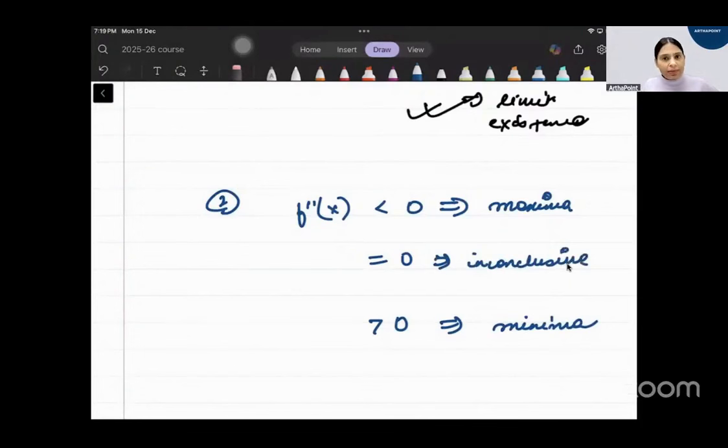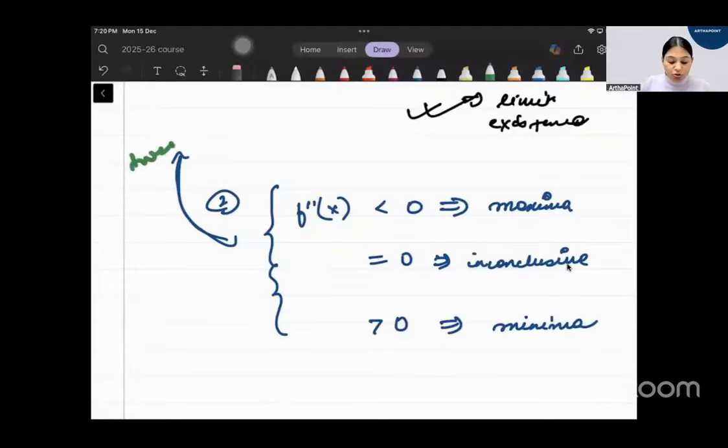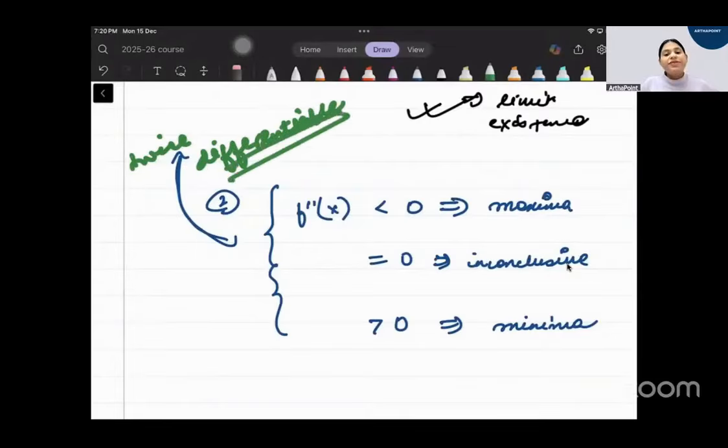मैक्सिमा और मिनिमा के बारे में हम बात नहीं कर सकते. So here, because I am checking the second order condition, मैं double differentiate कर रही हूँ, so it means that the second order derivative should exist. So that's the second thing which I require, that the function should be not only once differentiable but twice differentiable. सिर्फ एक बारी नहीं, function दो बारी differentiable होना चाहिए.